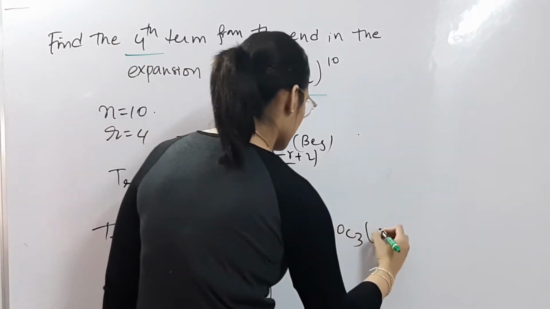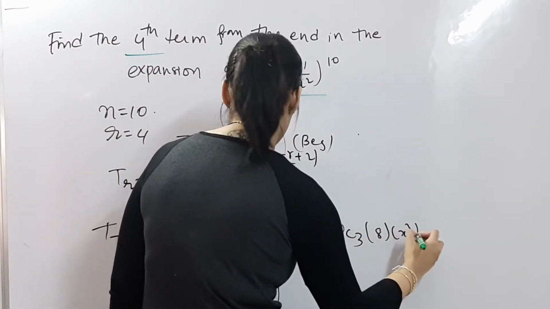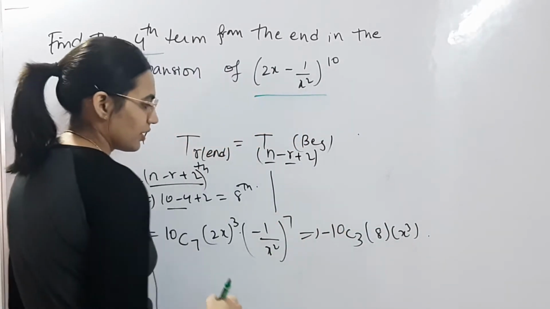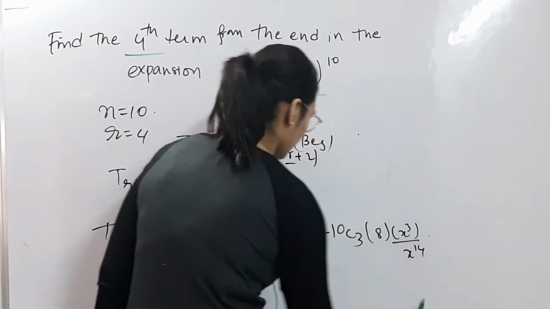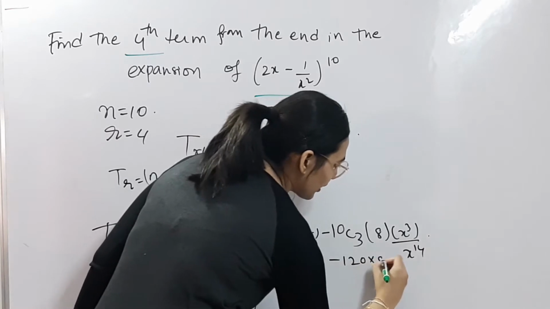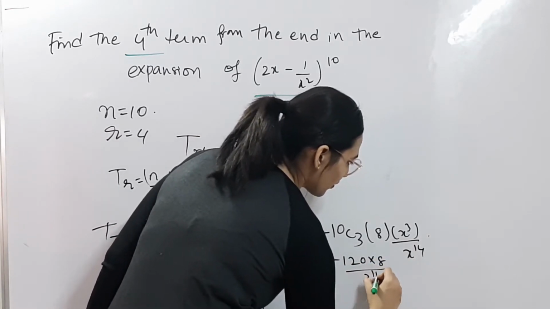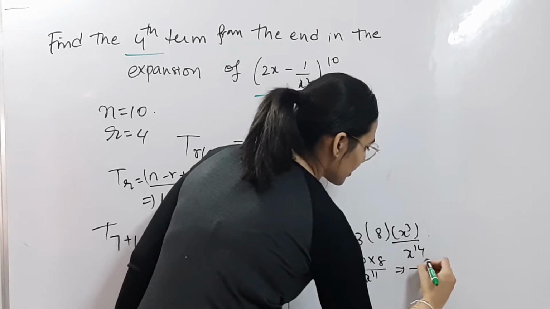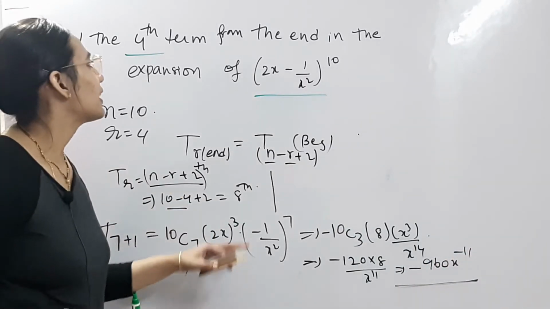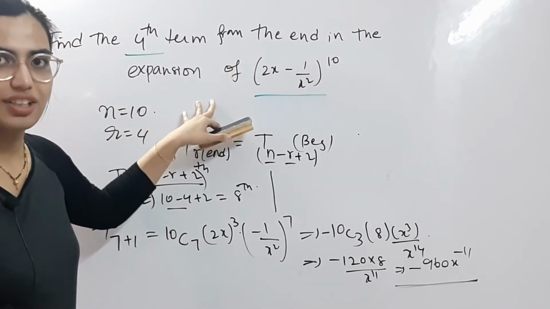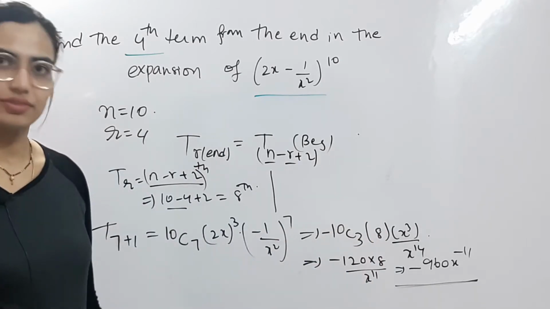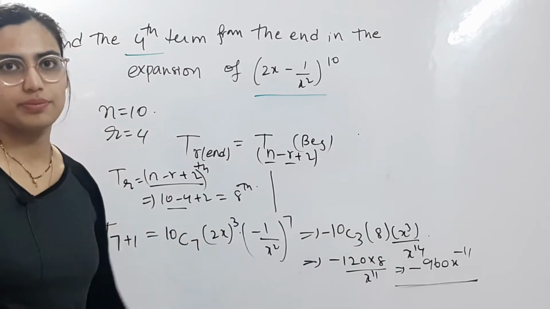And then we get 8x cubed, into, here minus to the power of odd gives minus, by x to the power of 14. So how much do we get? Minus 120 into 8 by x to the power of 11. So we get minus 960 into x to the power of minus 11. So this is the fourth term from the end in the expansion, or we can say the eighth term from the beginning. Okay, so this is how you find this problem.